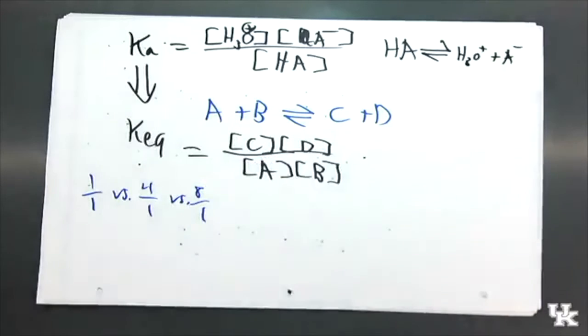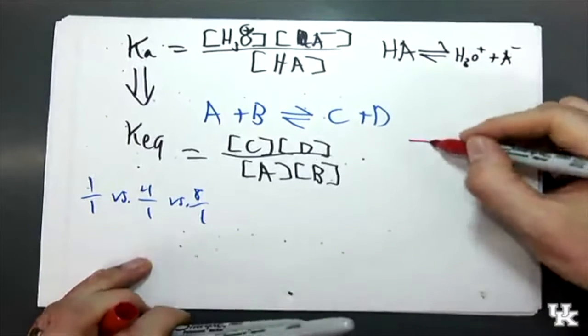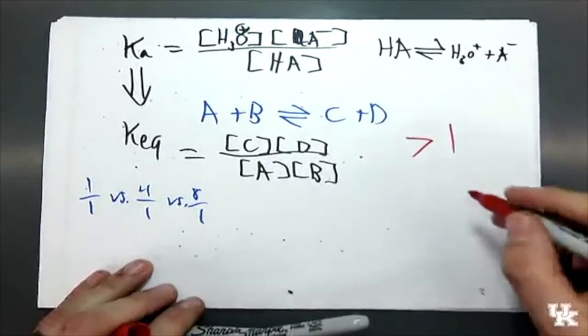You see how KEQ is getting bigger as the denominator is staying the same and the numerator is increasing? Now, also remember, if the denominator increases while the numerator stays the same, the number actually gets smaller, right? So in this way, we'll end up with a number, KEQ, that is either greater than 1 or less than 1.